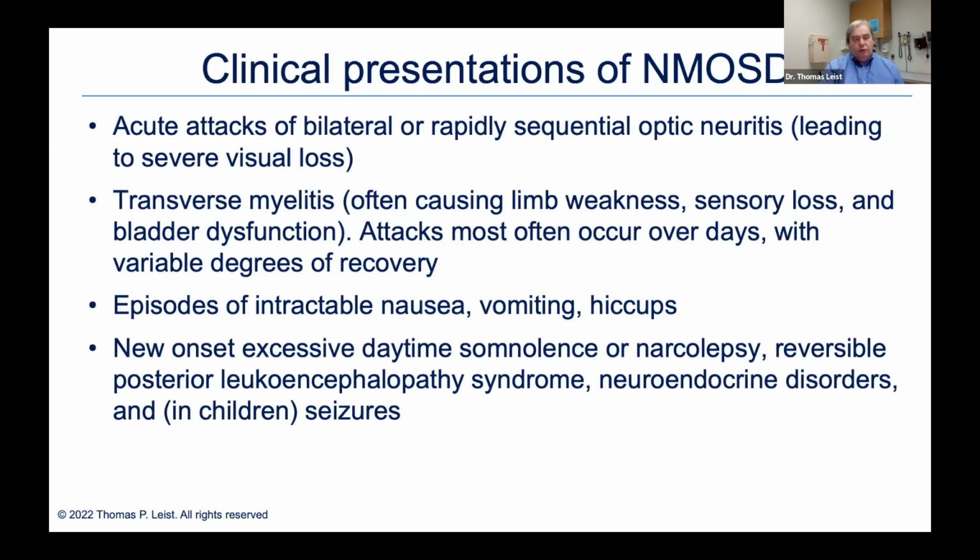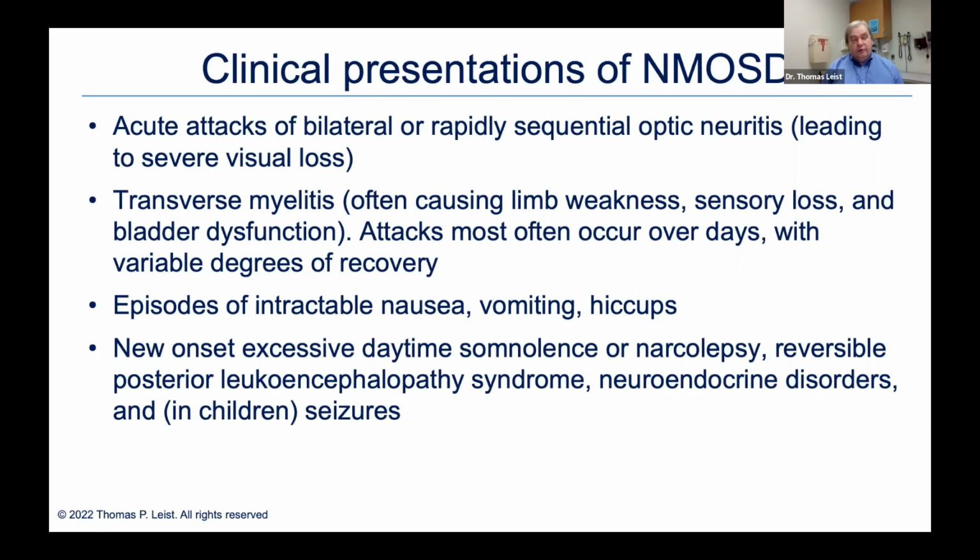How does the disease present in individuals? We have already talked about this to a degree. NMOSD can present as myelitis, as involvement of the spinal cord, or as optic neuritis. I also mentioned that it can present as hiccups that don't go away. Obviously, there is another differential for that.